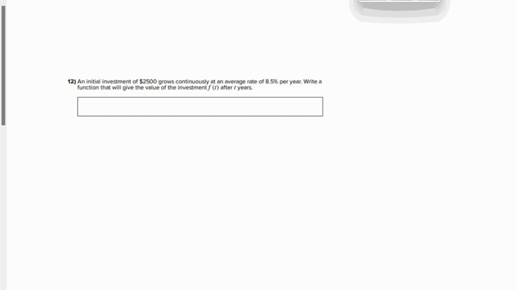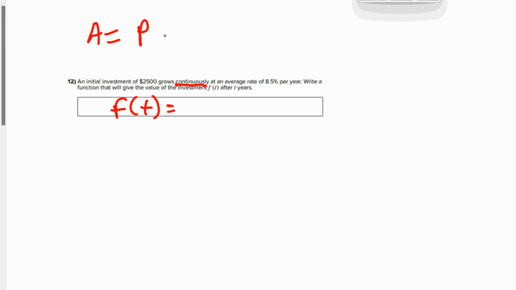Okay, on number 12 here, it's just asking us to write the equation of f of t. So f of t for how much we are going to make in our investment after t years, after so many years. So it wants f of t. Now this one says it's continuously. So anytime you use the word continuously or compounded continuously, this is the equation, because it's just collecting interest repeatedly, second after second after second.